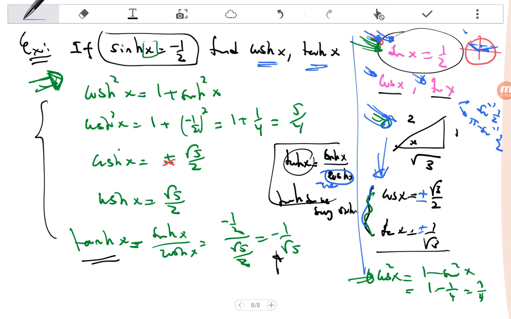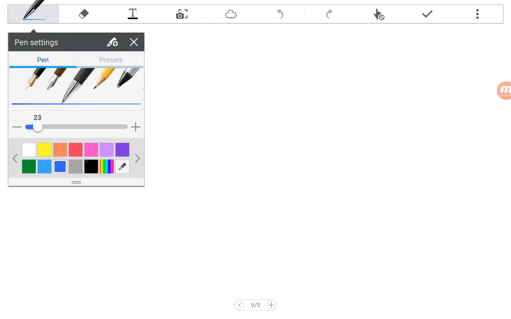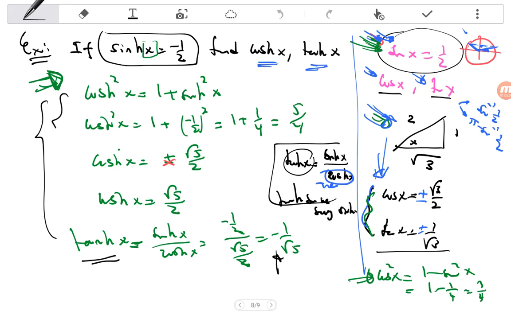So as a student, when I was your age, I found an alternative method, without using the rules or the laws of trigonometric or hyperbolic functions, to find the solution of such a problem.